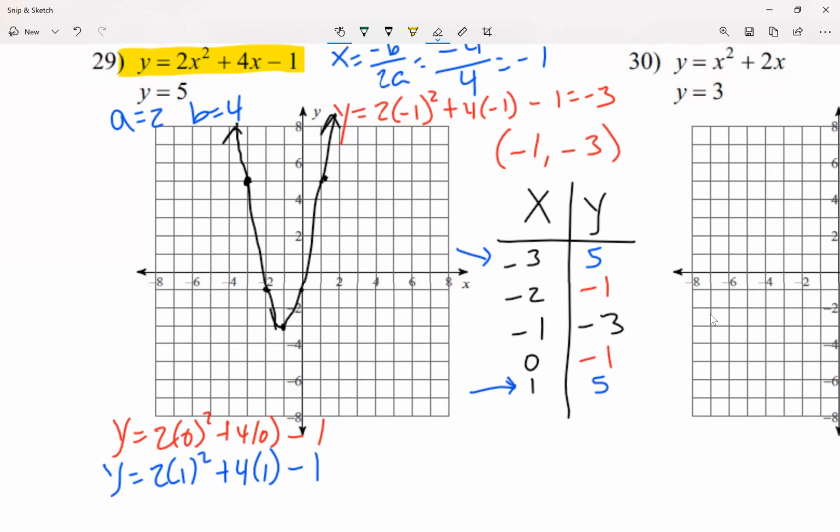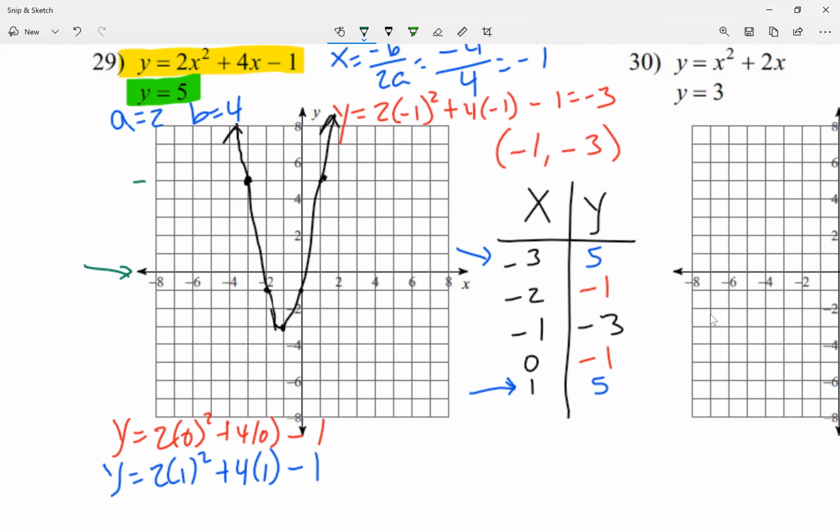Now, the other equation, let me highlight this in green. I'm talking about the line y equals 5. Now, one thing I'm going to say: another name for the x-axis is y is equal to 0.